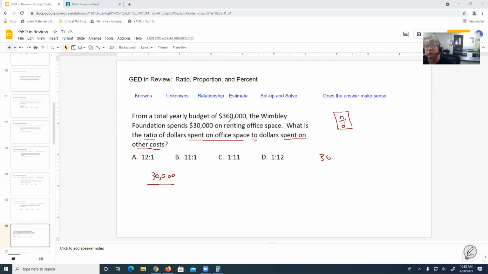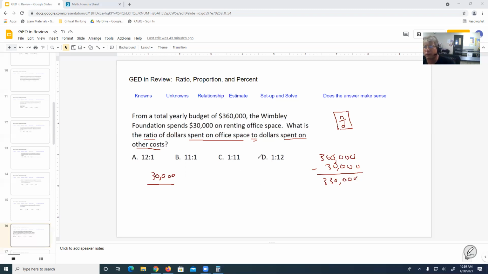I have to subtract this 30,000 from this 360,000. So 360,000, and I want to take away this 30,000. I could do that on a calculator, but that math doesn't look too hard. That's just going to be 330,000.